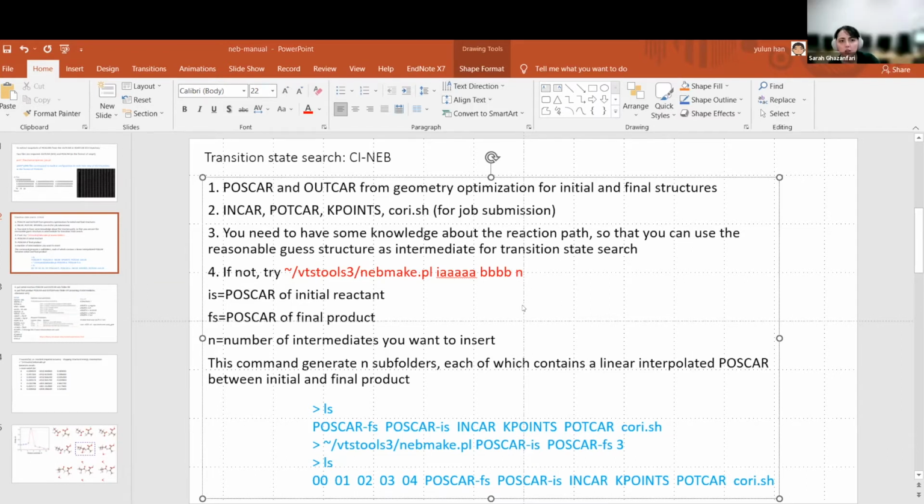So, Dr. Han, I have a question. You said we need to have the POSCAR and CONTCAR of the initial and final structures. For this case, by initial, you mean the POSCAR and CONTCAR file of the two amino acids, and the final is the dipeptide structure?